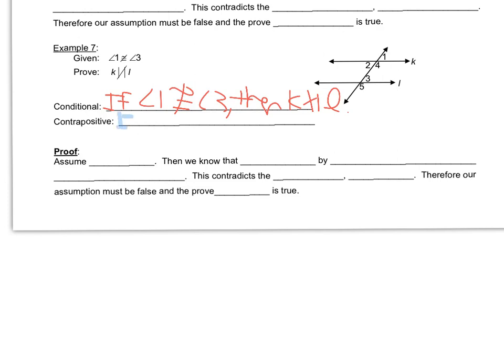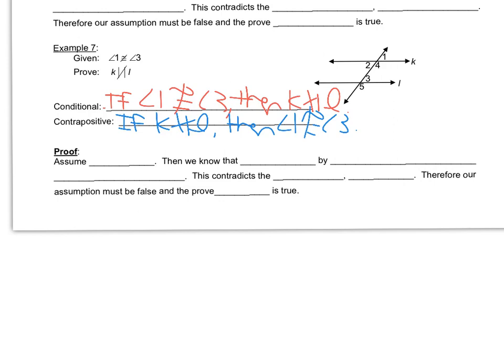So if K is parallel to L, then angle 1 is congruent to angle 3.